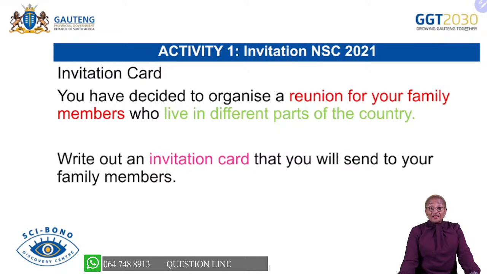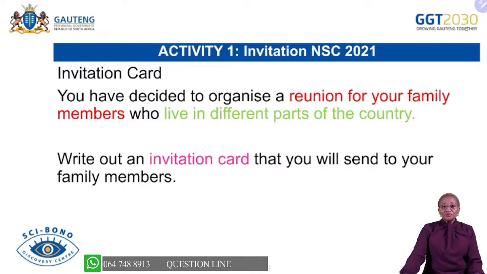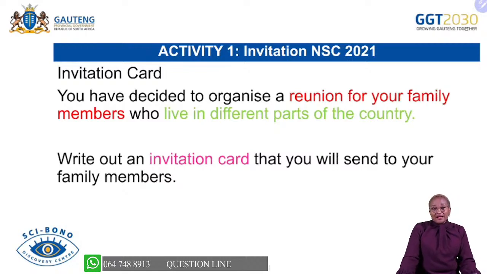Write out an invitation card that you will send to your family members. That is the instruction. Bear in mind, as you read the brief, you also need to take note of the length that is expected, 80 to 100 words.